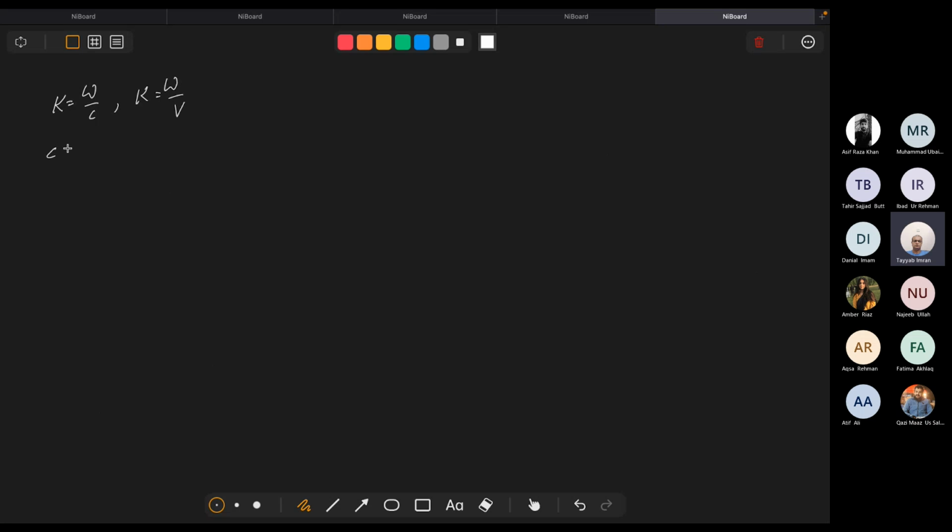And we know that c is equal to, epsilon naught and v is equal to, ठीक है? And from the previous slide, we also know that, and now if we add these, we know this equation, okay?